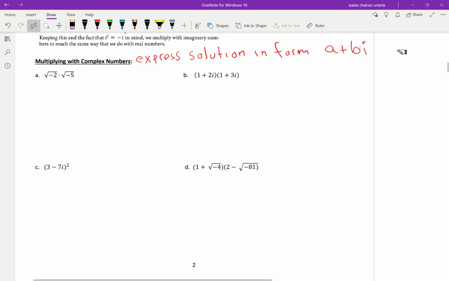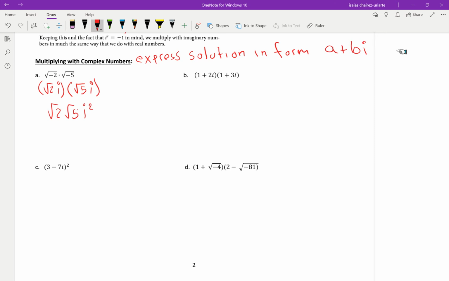Let's compare answers. All right, so first let me simplify these things. So this becomes square root of 2i times square root of 5i, okay? And so then this becomes square root of 2 times square root of 5 times i squared.